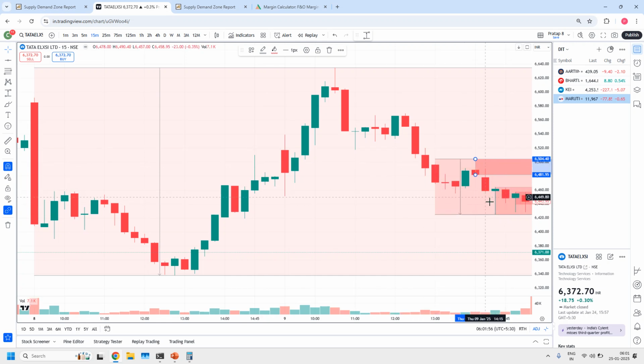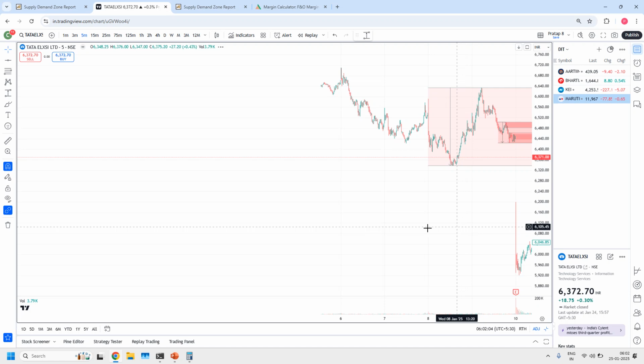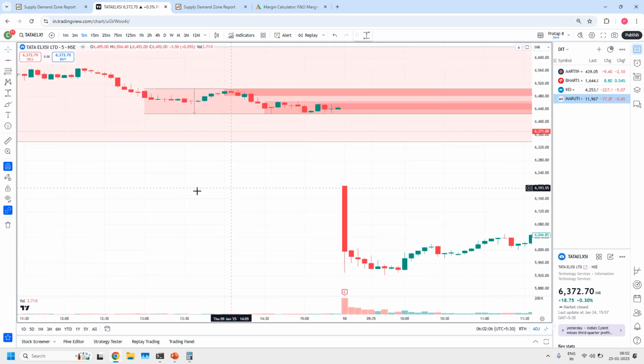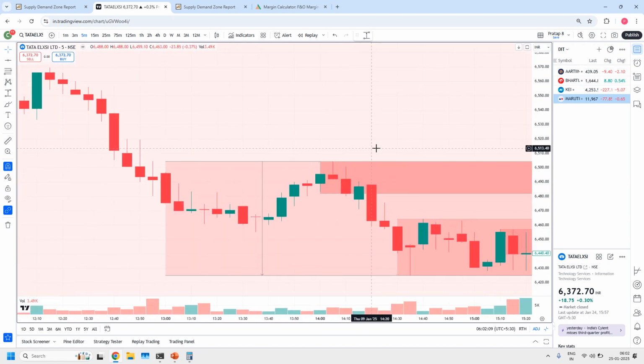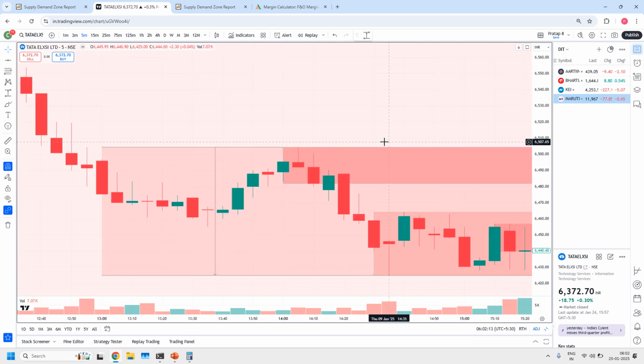If this 15-minute zone is violated, we have one more. But does it have a fine-tuned 5 minutes? Let's go to the 5 minutes. So it's not really, but here you have a drop base drop, a failed ERC as a leg out.